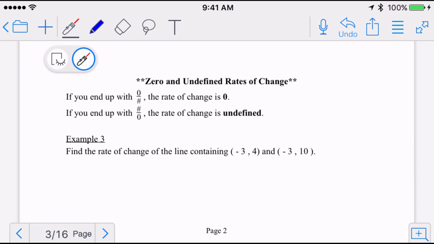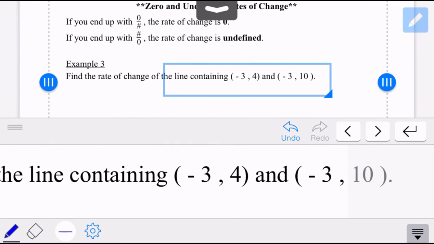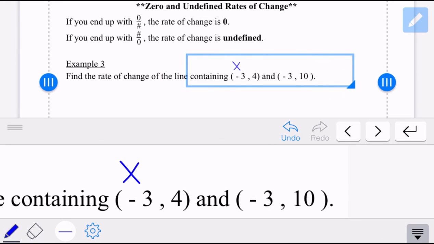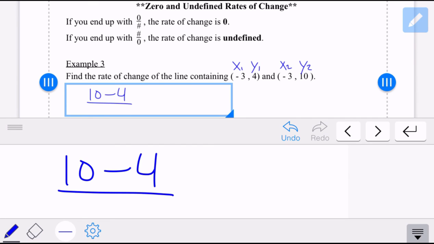So let's take a look at this example down here. We've got these 2 points, -3, 4, and -3, 10. So X1, Y1, X2, Y2. All right, Y2 minus Y1, we've got 10 minus 4.